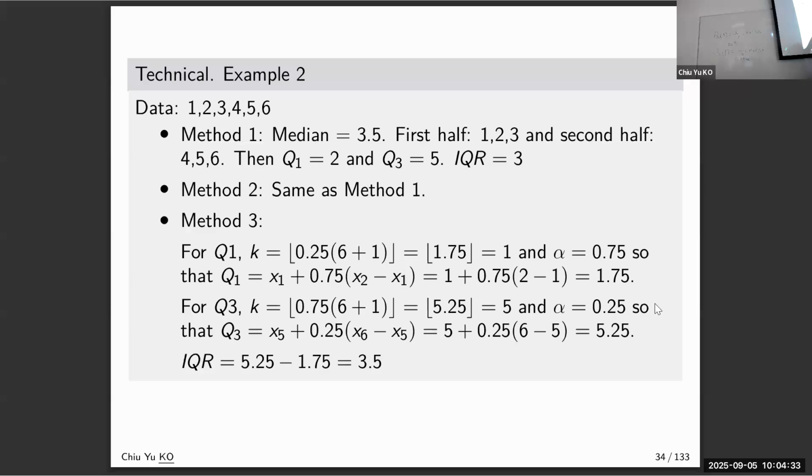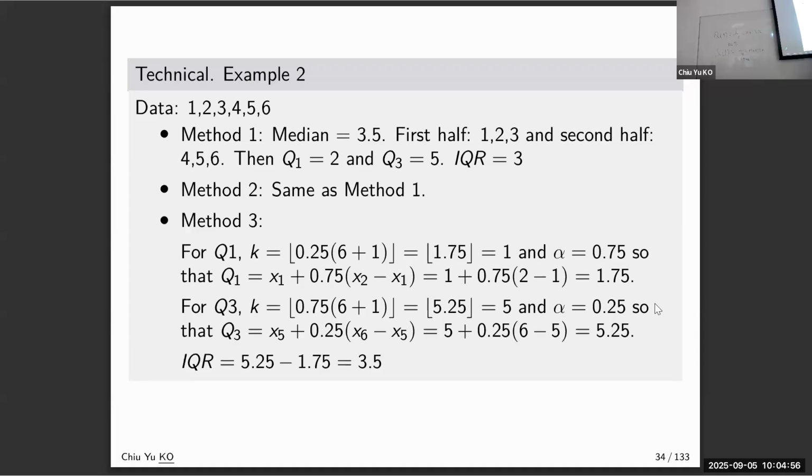Now, last time I illustrated Q3. Q3 is the same, because what Q3 is doing is, instead of 1, you have Q3 here. Let's jump to 3, and now, instead of 5.75, you have 5.25.